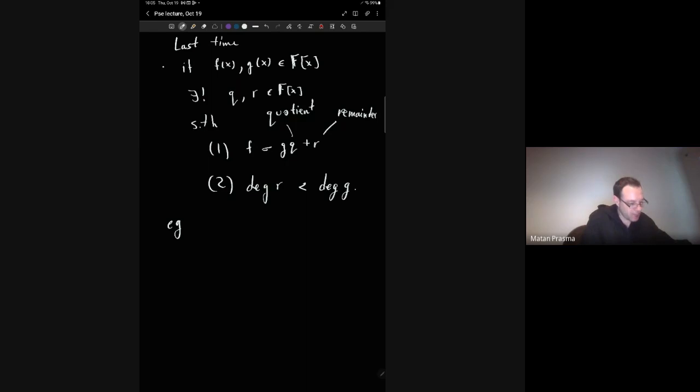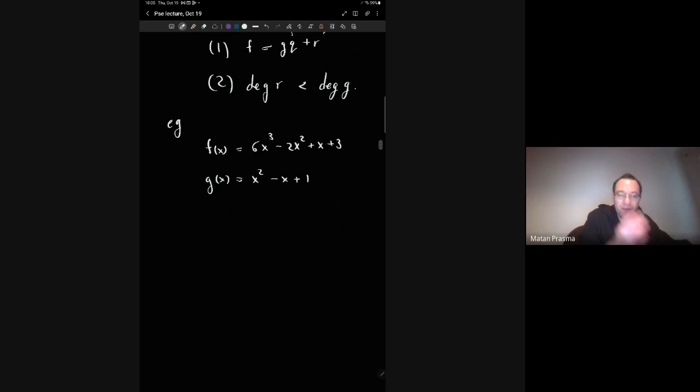So suppose I want to have f as 6x cubed minus 2x squared plus x plus 3. And g is x squared minus x plus 1.